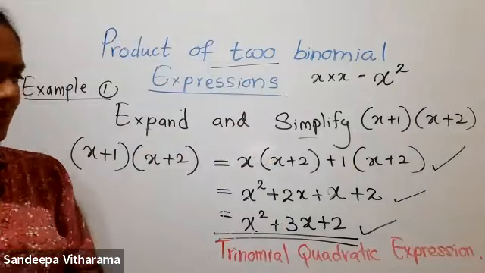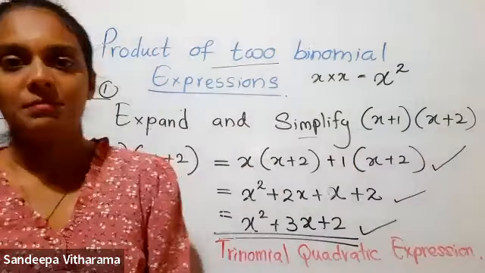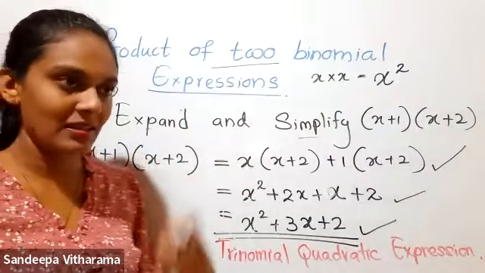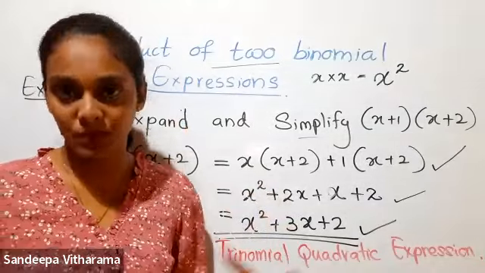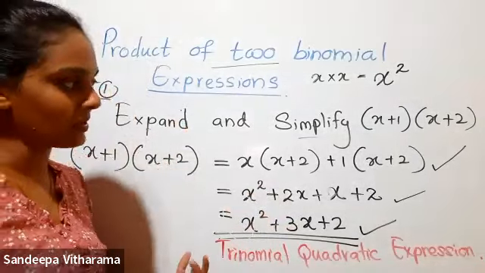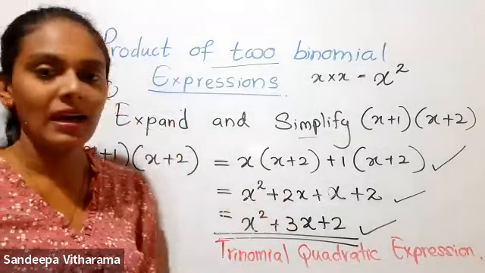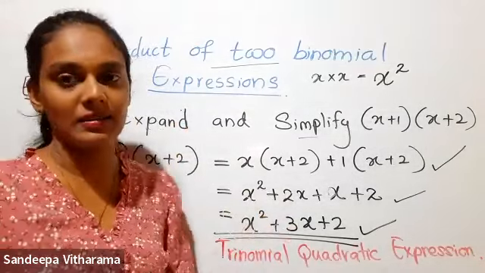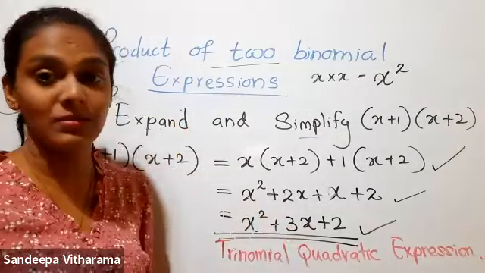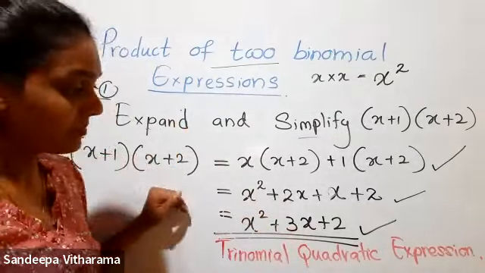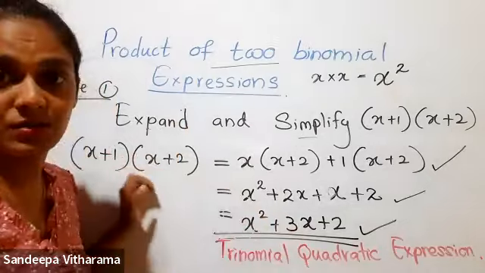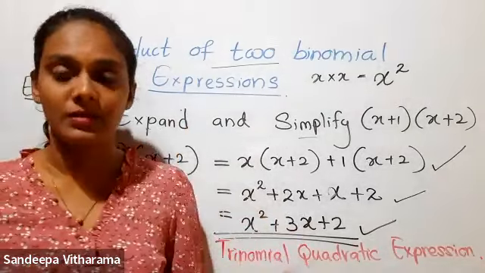Did you understand? Actually, this is a very easy one, but you have done this like a machine, no? So far, looking at the other examples, you have done this just like a machine. This is the answer. You have tried to remember the answer for each and every one and go to the exam like this.